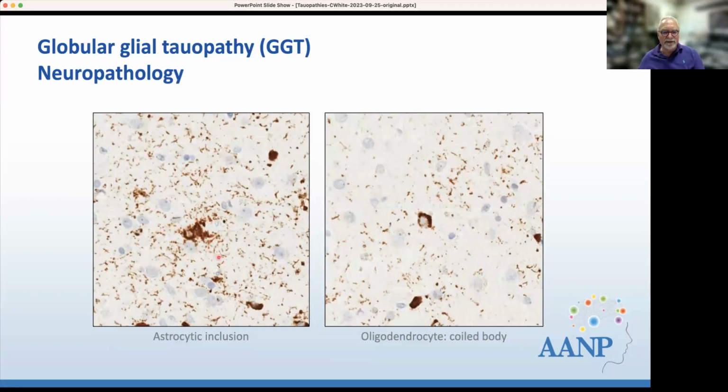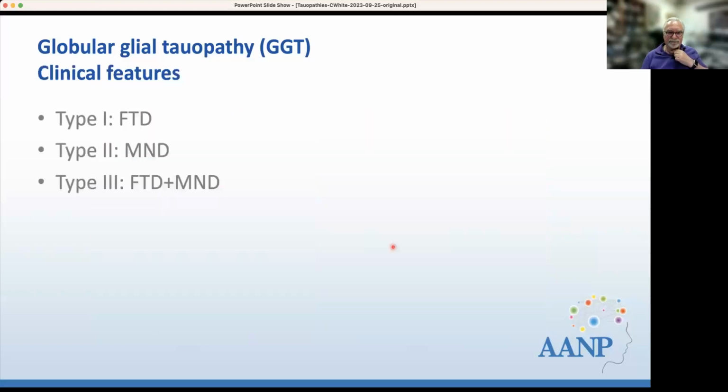Here on the left is a large astrocyte containing some more clumpy tau accumulations than is characteristic of the tufted astrocytes of PSP. So these are distinctly different from tufted astrocytes. And then an oligodendroglial cell containing coiled bodies on the right. Again, coiled bodies can either be C-shaped or rounded structures that encircle the nuclei of oligodendroglial cells.